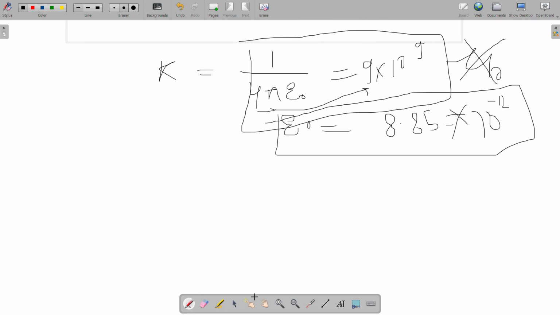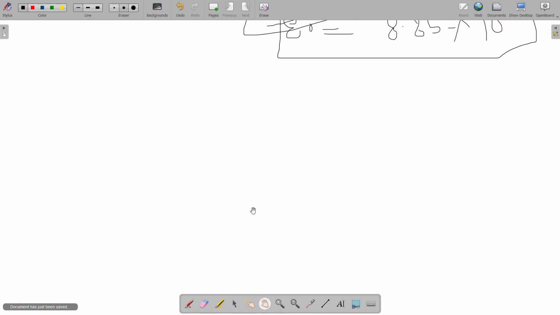Now let's discuss the vector form of Coulomb's law. We need to draw some lines. We will do that, and then we will discuss the law. Okay, so let's make a kind of Cartesian graph.